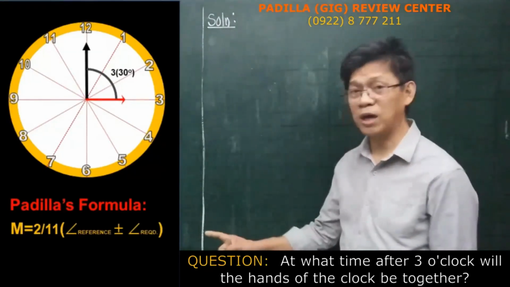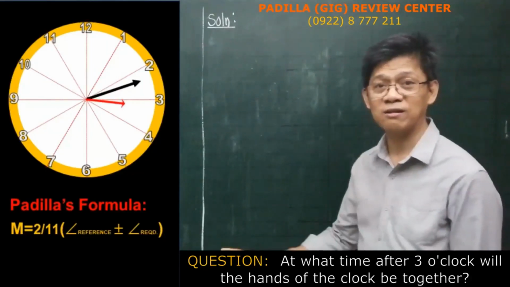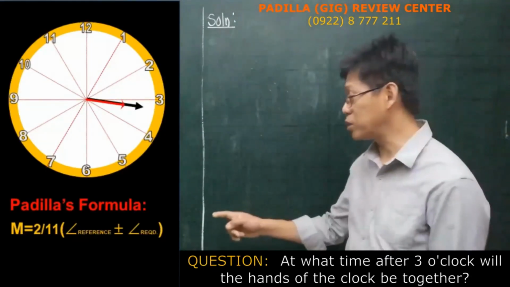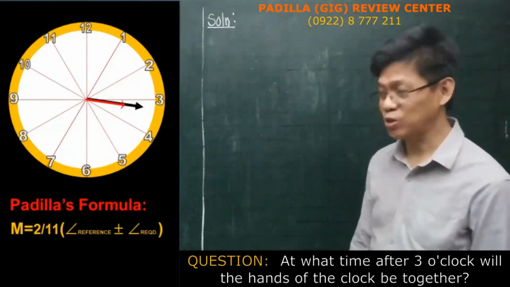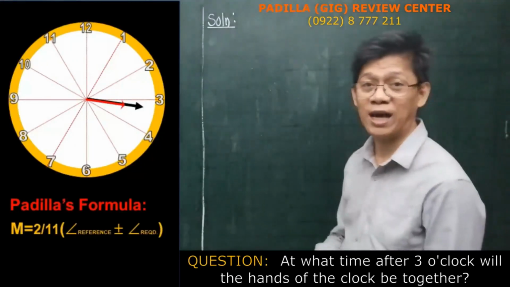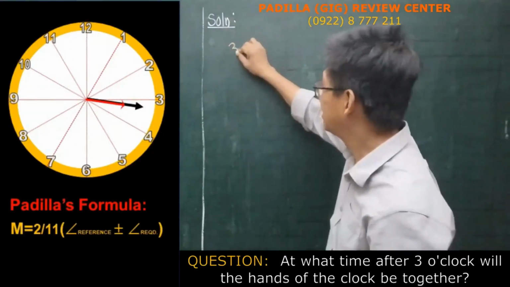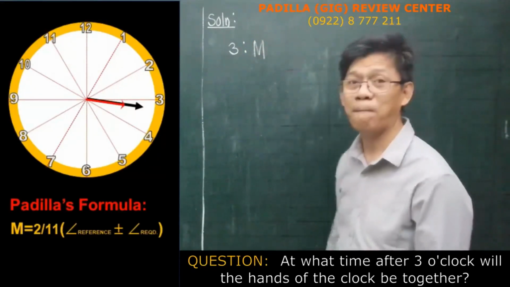So both of them will move until such time that they are together. So, at that position, what is the time? That is the requirement. So, let me ask you, anong oras yan pasado? Pasado alas 3. So, the H is 3, the minute is M.